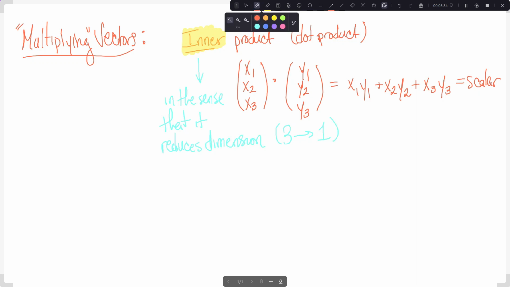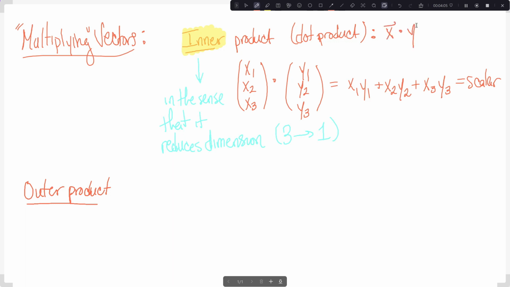Now, as opposed to that, we actually have what's called an outer product. And this is not talked about as often as I think it should be, especially when you get into physics. A lot of physics uses this all the time. And there's not really a notation for it. With the inner product, we would normally write something like x as a vector dot y as a vector.